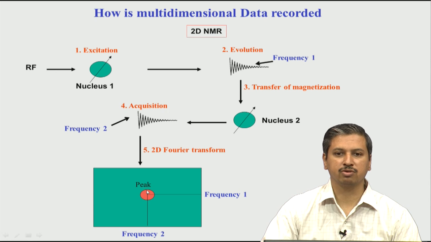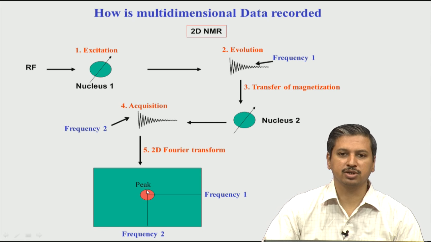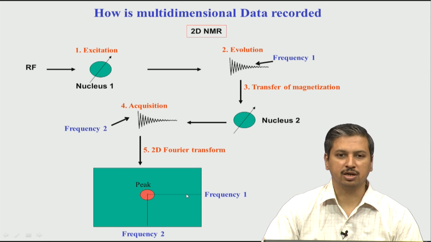So, this is very similar to the analogy which we saw in the last class, that if I plot name on one axis and surname on another axis, I am actually correlating all the names with the corresponding surnames in a 2D. Similarly, here if I have one atom with one frequency in a molecule, a second atom with another frequency, and if these two are coupled together, in this case by J coupling, then there is a J interaction between them, and that interaction results in a transfer of magnetization between the two, and therefore they become one unit, they are coupled to each other.